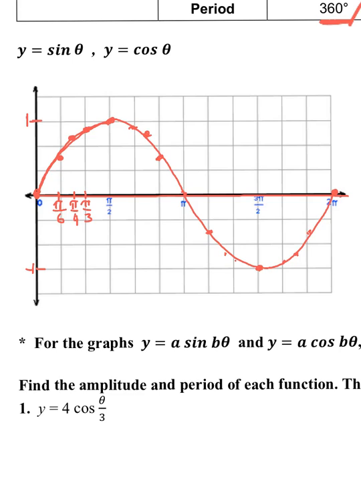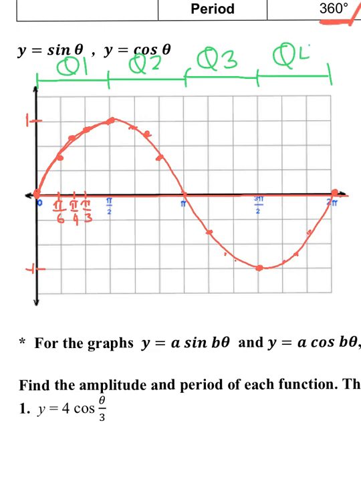Okay, and what I want you guys to notice that's really cool is that you can see how these quadrants are marked out, right? So here we have quadrant 1, quadrant 2, quadrant 3, and quadrant 4. And according to our All Students Take Calculus, right?